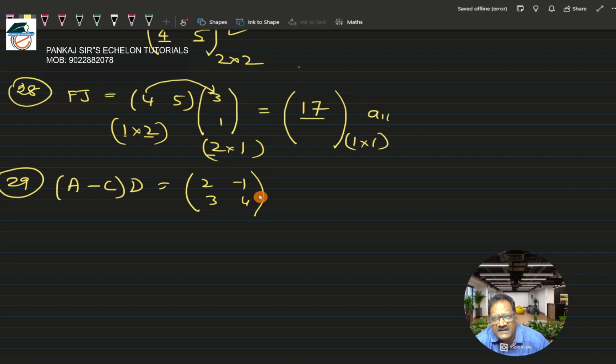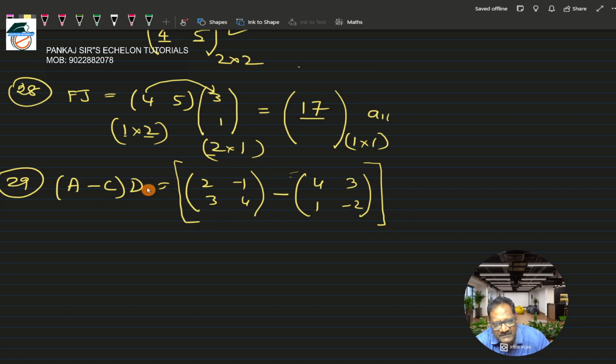And C is 4, 3, 1 and minus 2. This is A minus C, and this whole thing you have to multiply by D, and your D happens to be 1, 5, 1, 4, minus 6 and a 1.